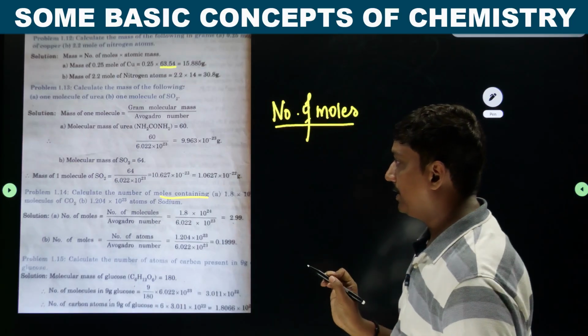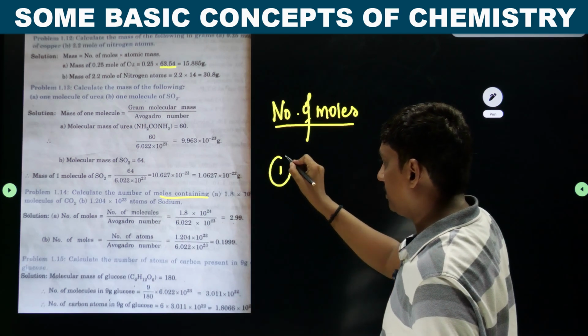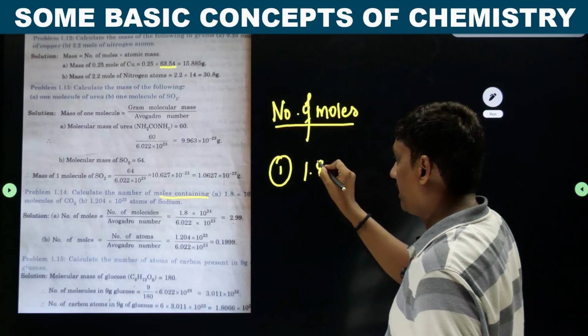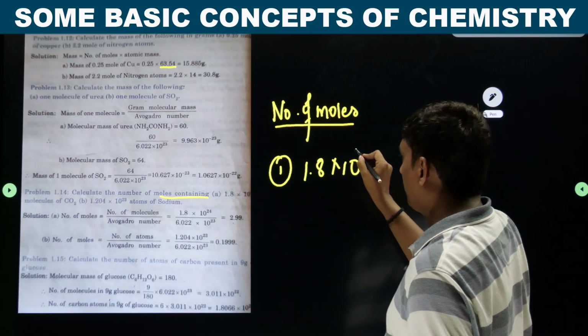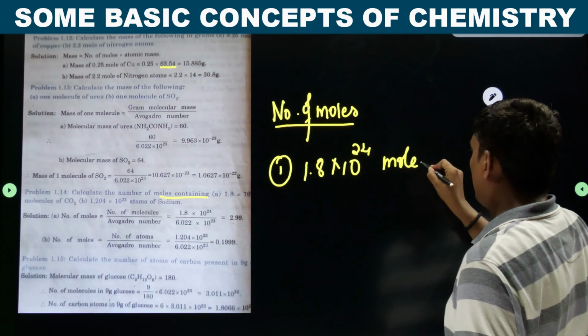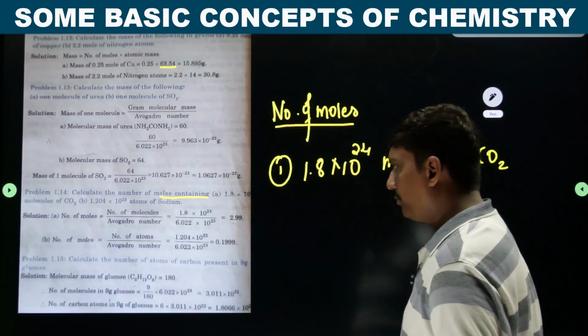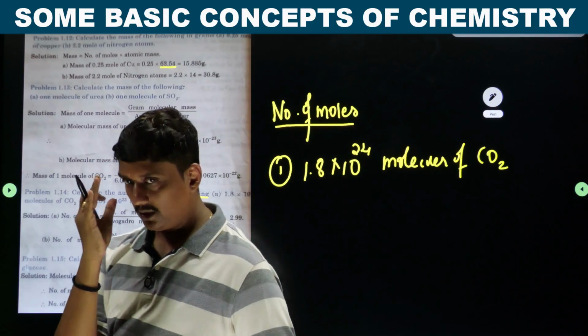What data is given? The number of moles containing, first question, 1.8 into 10 to the power 24 molecules of carbon dioxide.